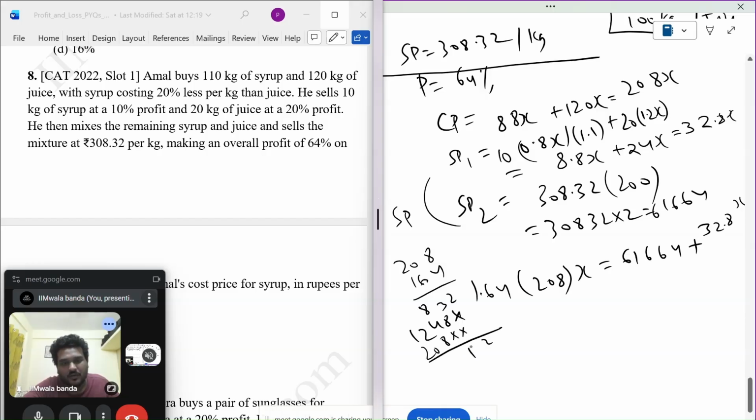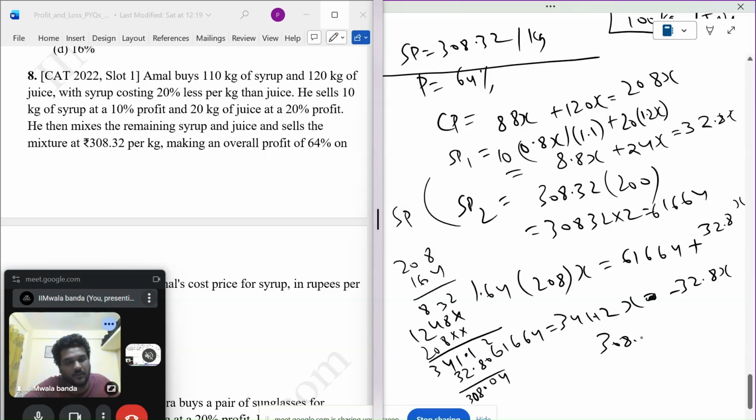208, 9 to 11, 8 8s are 16, 20, 21, 41, 341.12x, and 341.12x minus 32.8x is 61664, and 341.12, no, 341.12 and 32.8, so 8, 9, 11, 12... 308.04x.